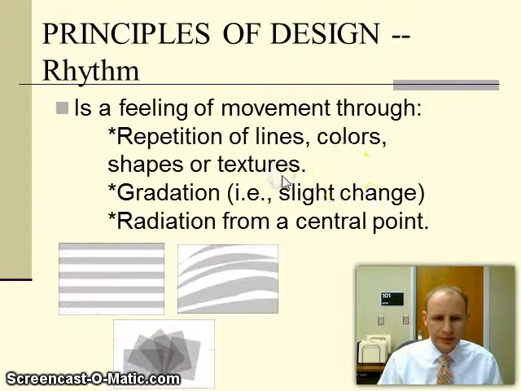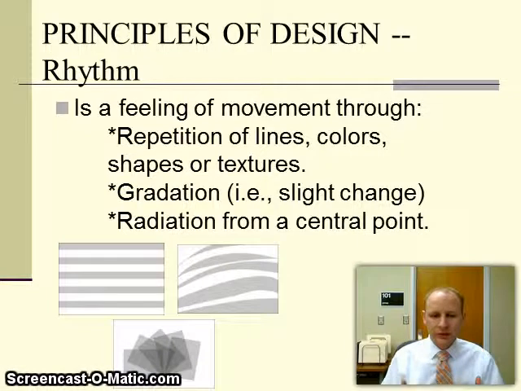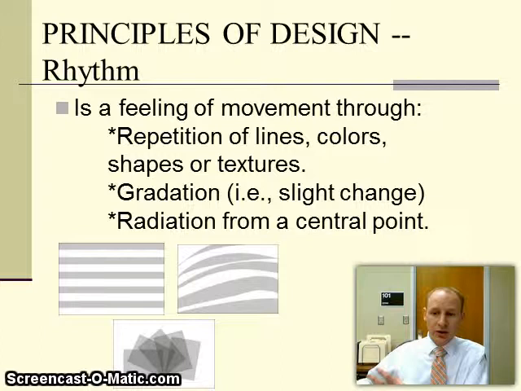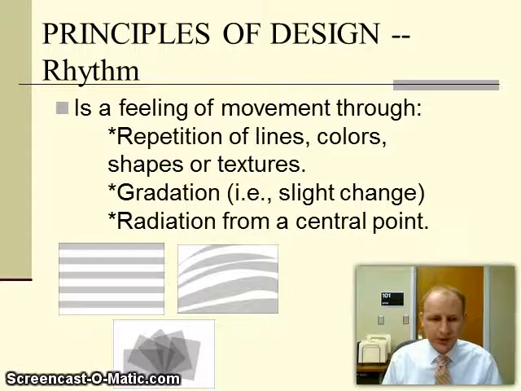The third principle of design is rhythm. Rhythm is a feeling of movement through a variety of different shapes. We can have the repetition of lines, colors, shapes, or textures to give us a rhythm, some kind of repeating component of a design. We can have gradation, which is a slight change in a design, or we can have radiation, which is from a central point.